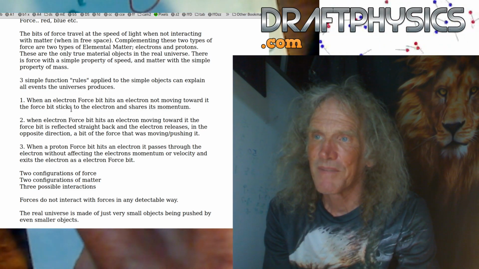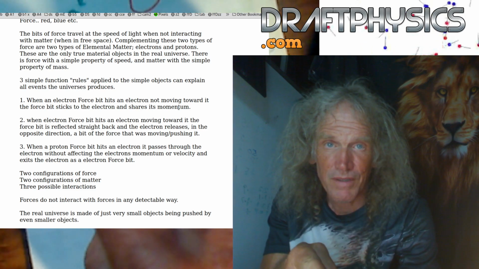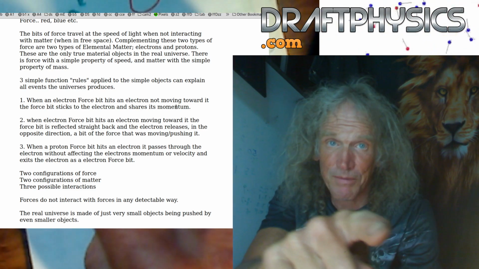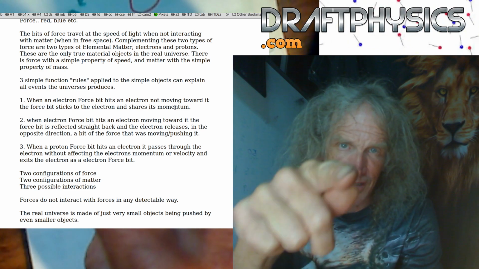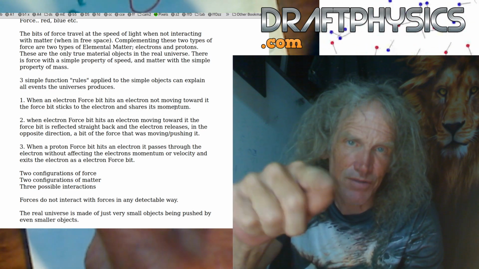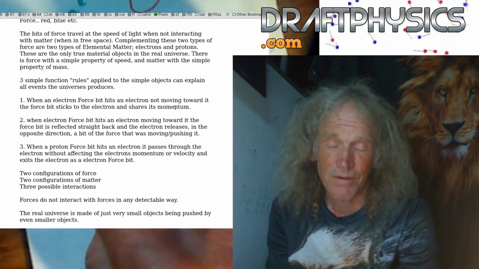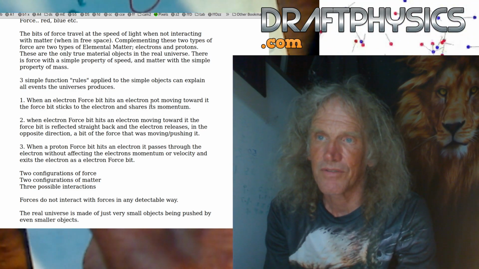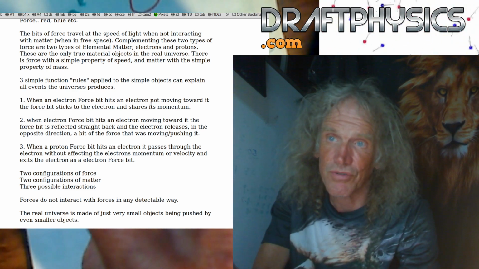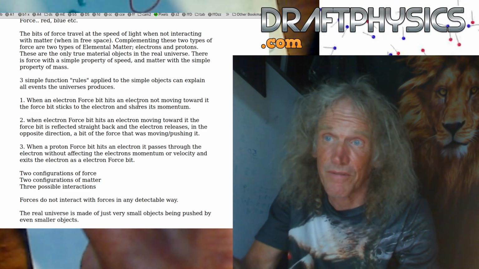The force bit sticks to the electron and shares its momentum. So if it's not moving or it's moving the same direction but slower, the force bit catches up to it, hits it, sticks to it, and gives it a little more speed. If it had no velocity, then it gives it a portion of velocity. It's all based on the mass of the electron versus the mass of the force, some sort of percentage.